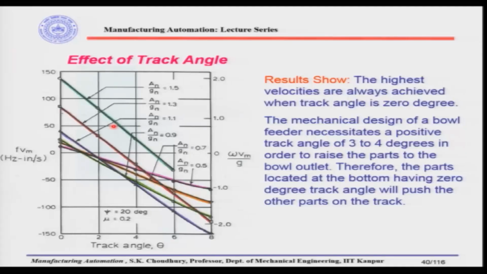We also discussed the effect of track angle, and a strange phenomenon: when the track angle is 0, F into Vm, the conveying velocity, is maximum. Therefore, the parts at the bottom of the bowl feeder push the parts located above, where the track angle is more than 0.